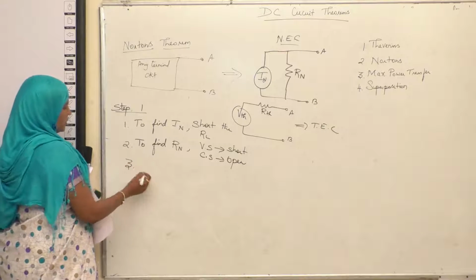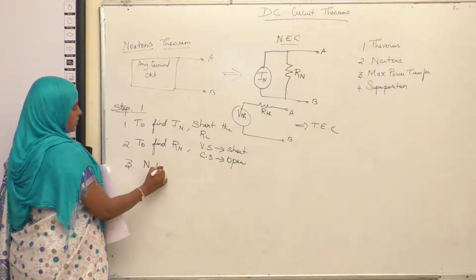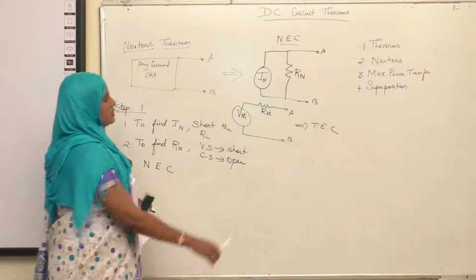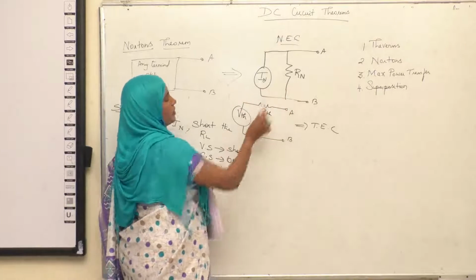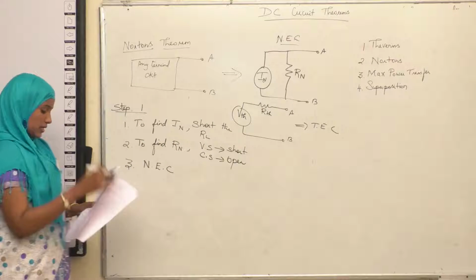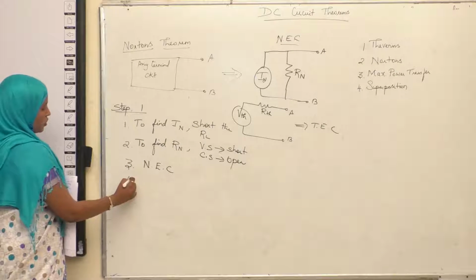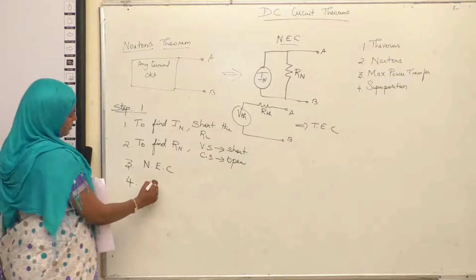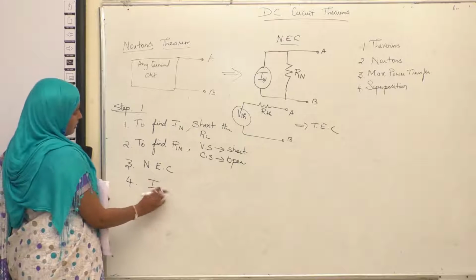And the third step is to draw Norton's equivalent circuit, that is Norton's current in parallel with Norton's resistance. And the fourth step is to find the current IL.